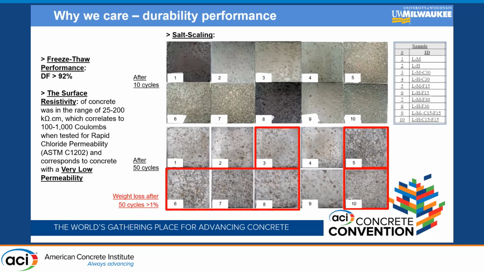Even though the concrete is considered of good quality because it passed the durability tests and has very low permeability, we still need to protect the surface of the concrete because there is deterioration happening there. And 50 cycles, for example, corresponds to one season in Wisconsin, where I come from. So only after 1 year, an unprotected concrete surface may look like this.